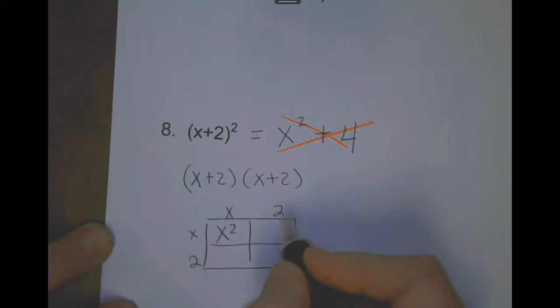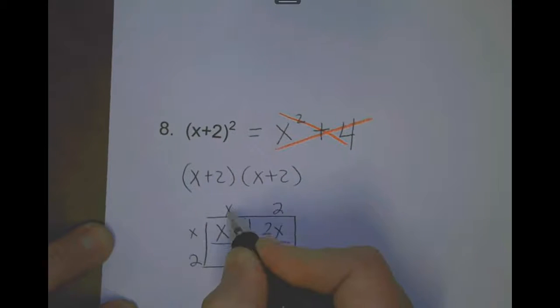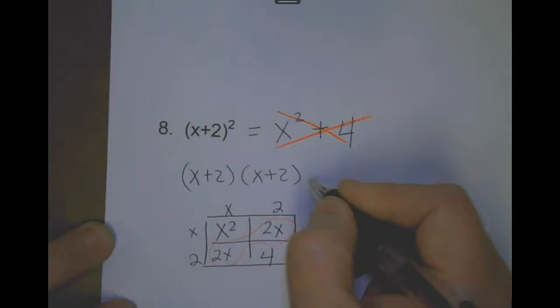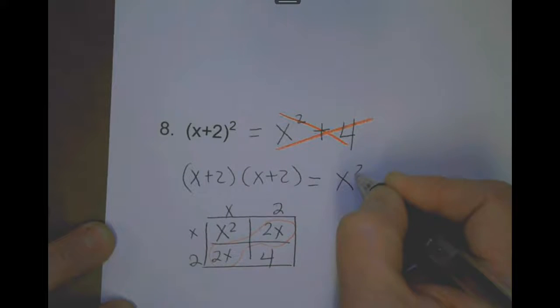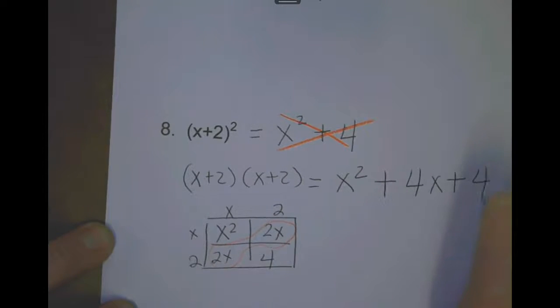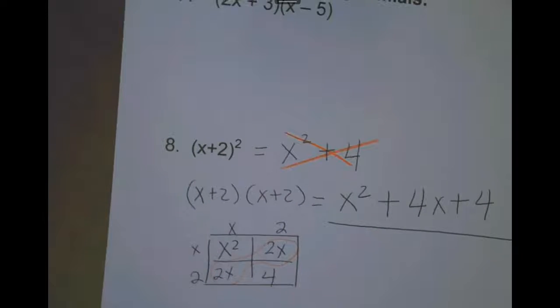X times 2 is 2x. 2 times x, 2 times 2. Combine these like terms. This is x squared plus 4x plus 4. This is the correct answer.